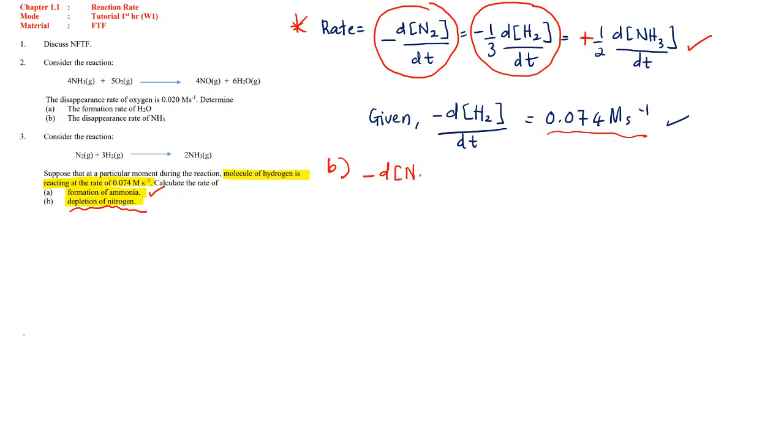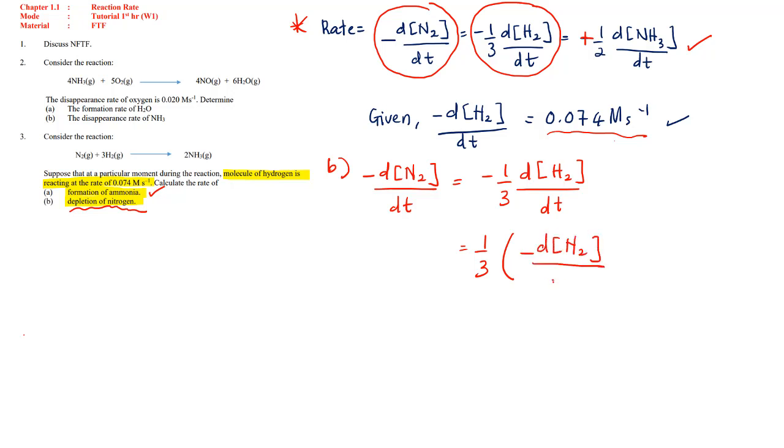So rate of disappearance of nitrogen gas over dt equals 1 over 3 the rate of disappearance of hydrogen gas. Thus you can see here, the rate of disappearance of nitrogen gas is 1 over 3 times the rate of disappearance of hydrogen gas.